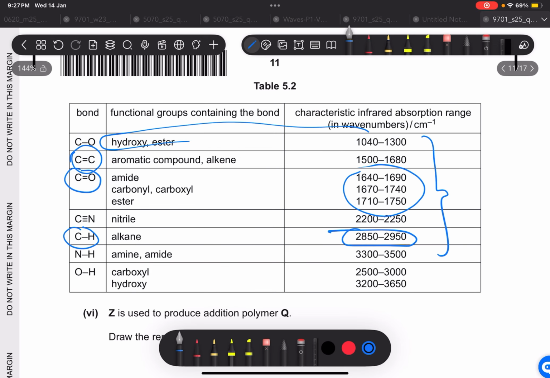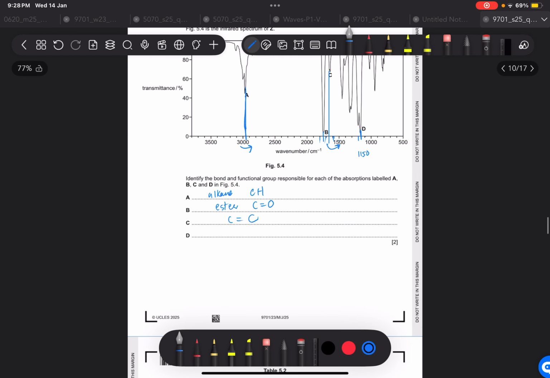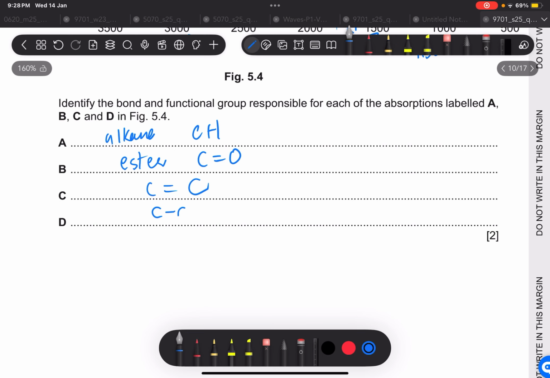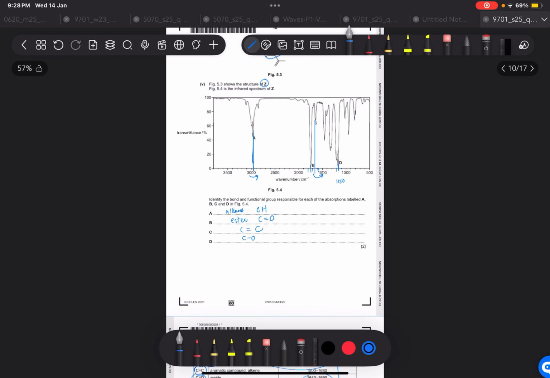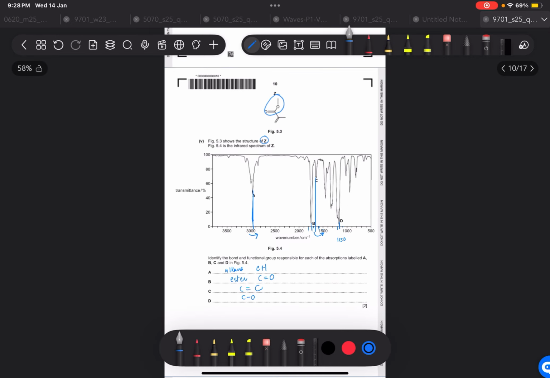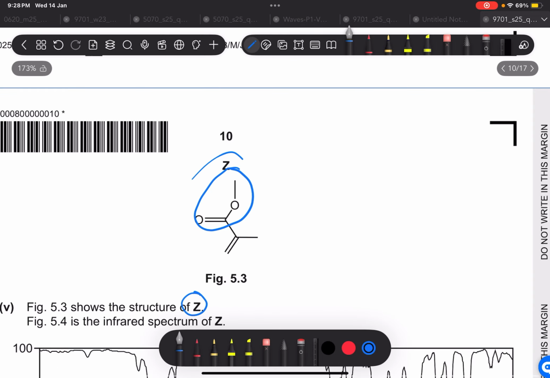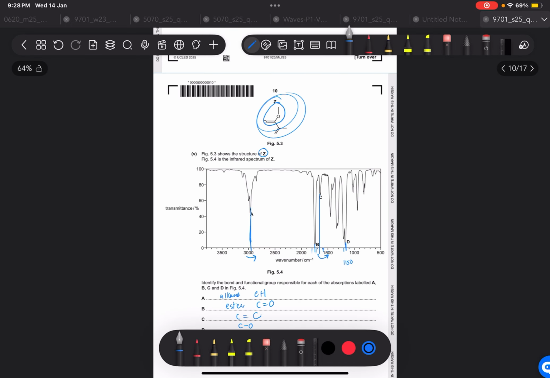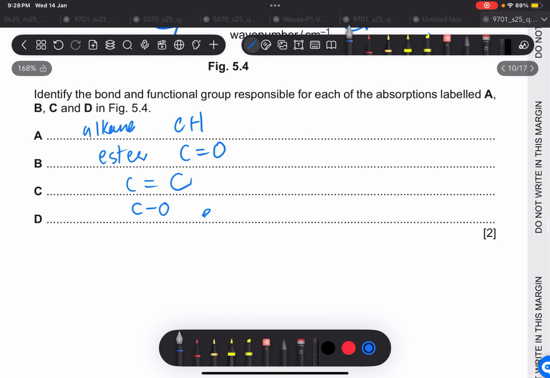Definitely in this range, which is a C single bond O, which is a hydroxyl or ester part. So it's going to be C single bond O, since I know that over here I don't have any hydroxyl. So I'm gonna write it's ester. For here I'm gonna write alkene, and with that I'm done with the paper.